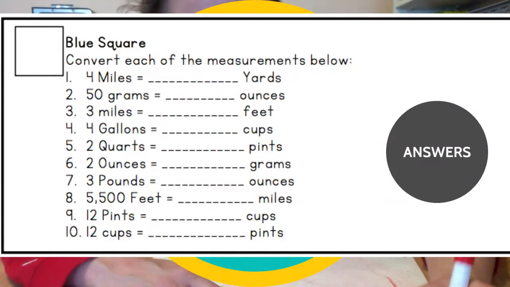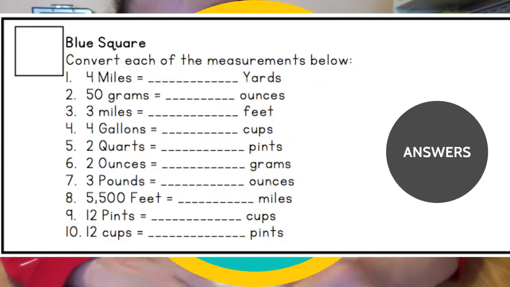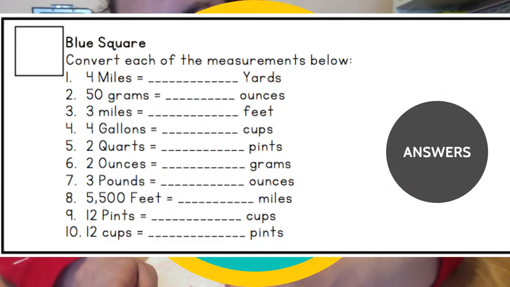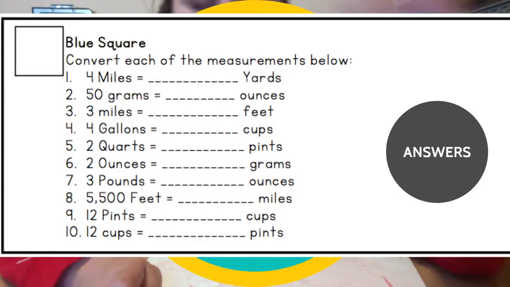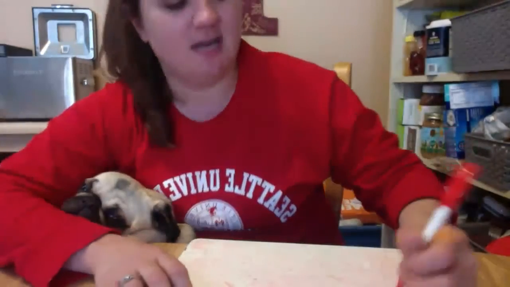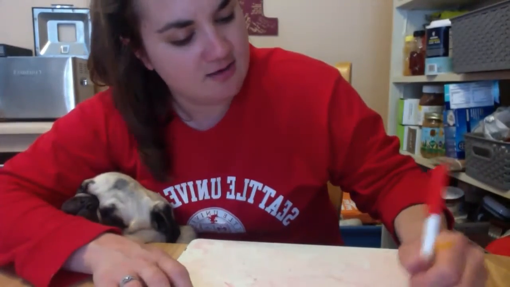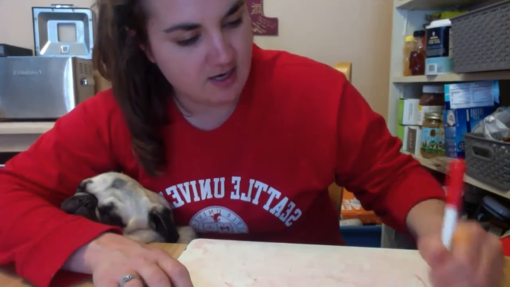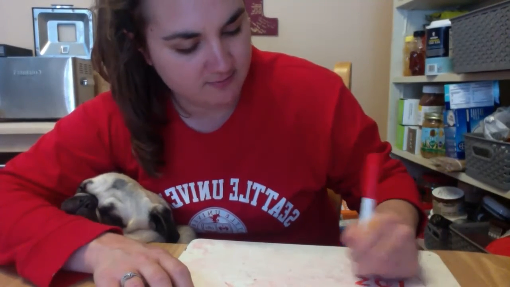So it says 2 ounces equals question mark grams. I think maybe I was getting too much into the place value with that one. So if I have 2 ounces and I'm asking myself, how many grams is that? I need to remind myself, I have 28 grams in 1 ounce, right?